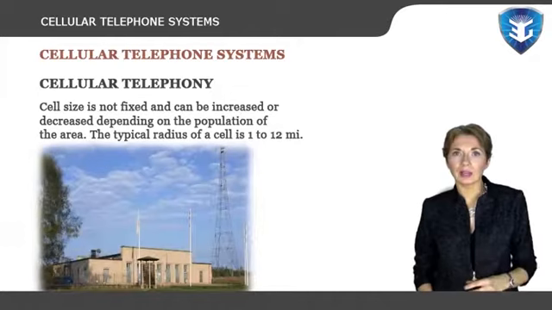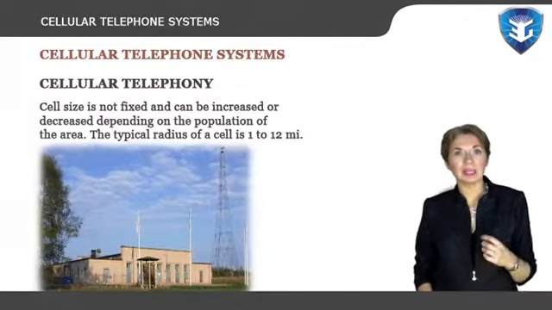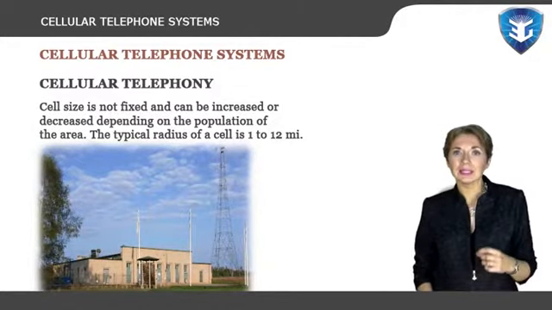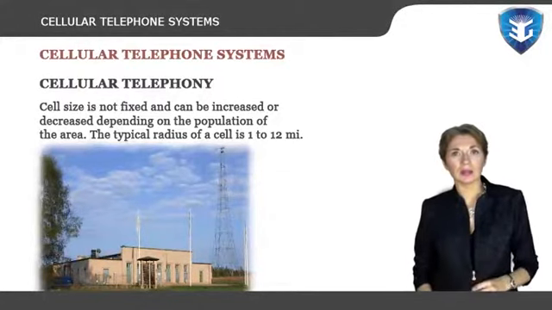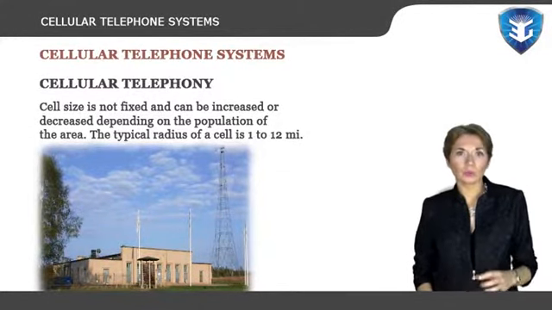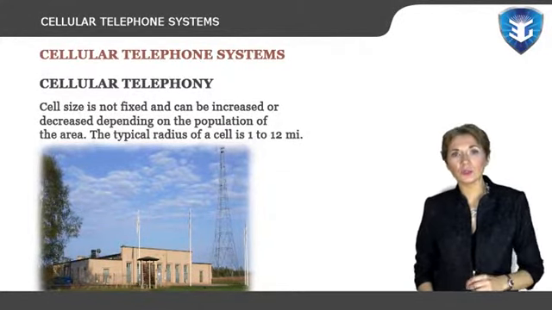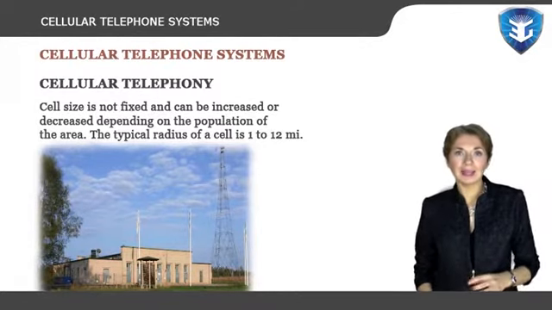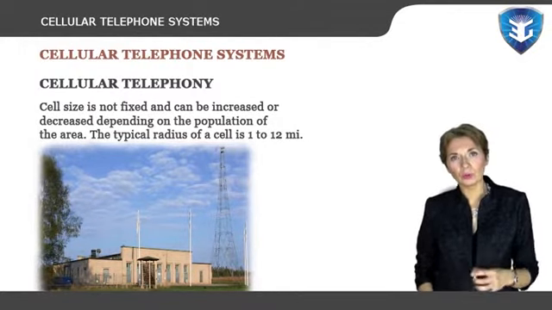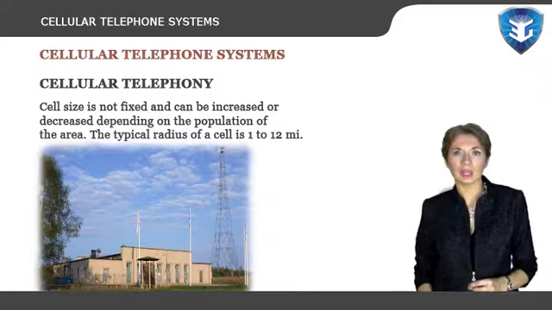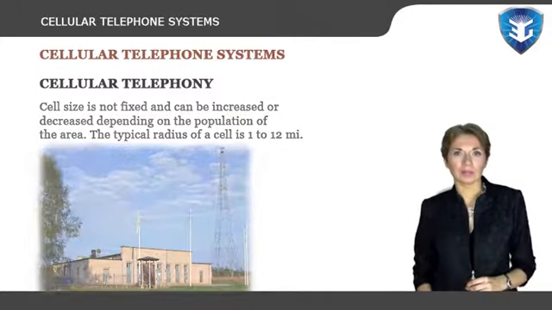Cell size is not fixed and can be increased or decreased depending on the population of the area. The typical radius of a cell is 1 to 12 miles. High-density areas require more geographically smaller cells to meet traffic demands than do low-density areas.